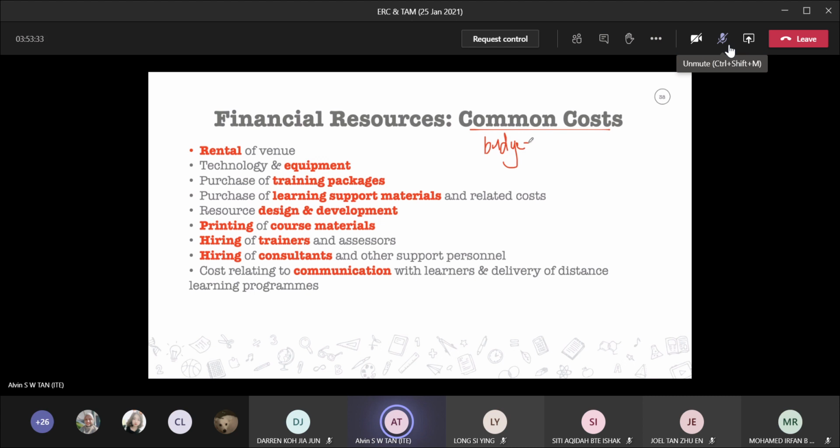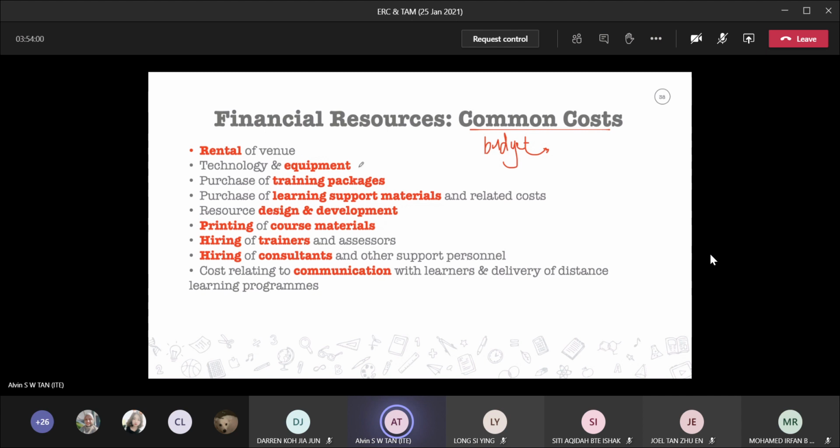Sorry. I can't use my mouse to write. I can't use the trackpad to write. So basically, this has got to do with your budgeting.